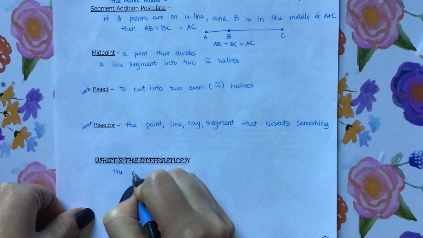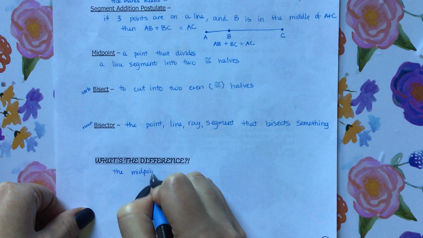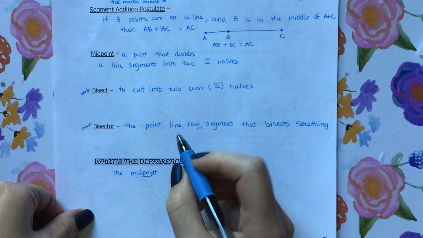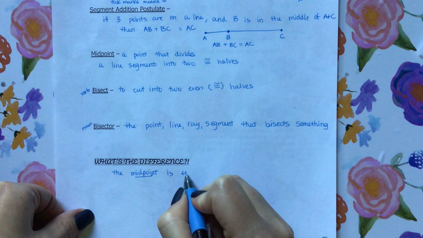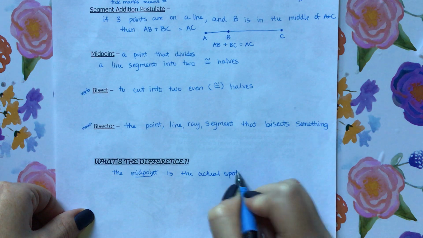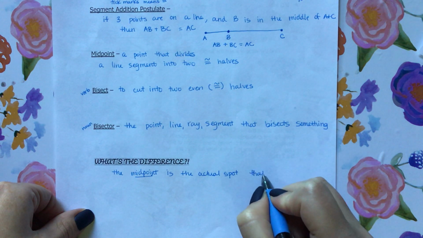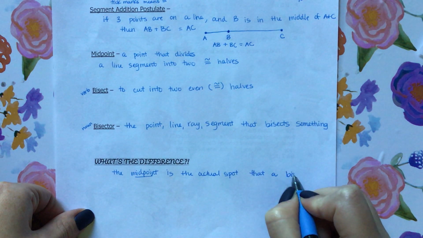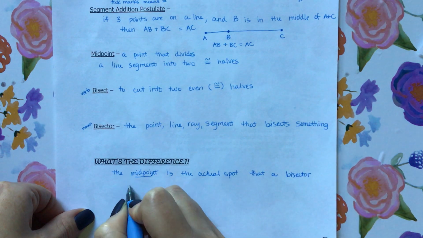Also, the midpoint is the actual spot that a bisector goes through.